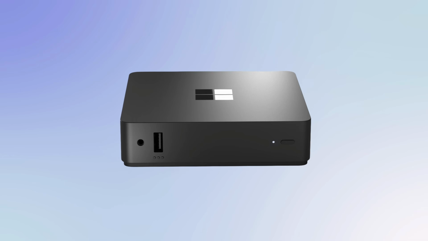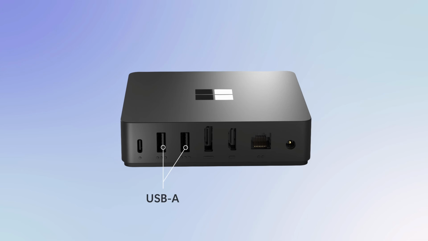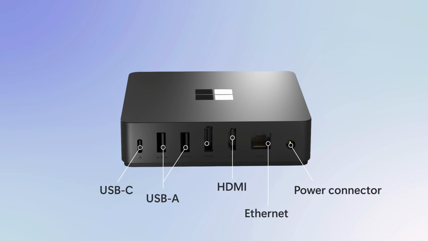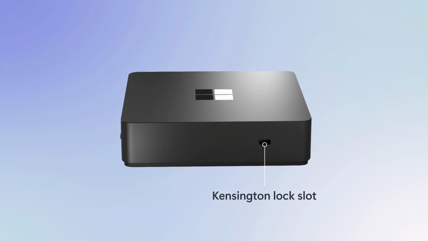It has a USB port and a headphone jack in the front, and it has in the back two more USB ports, a USB Type-C port, Ethernet, HDMI, DisplayPort, as well as a port for the power supply. In addition to the physical ports, it also has Bluetooth and Wi-Fi 6E.